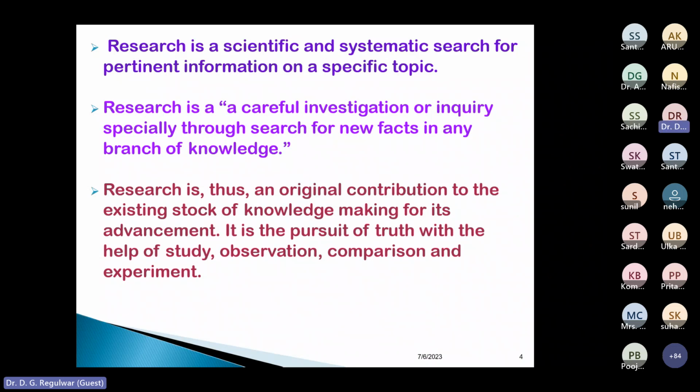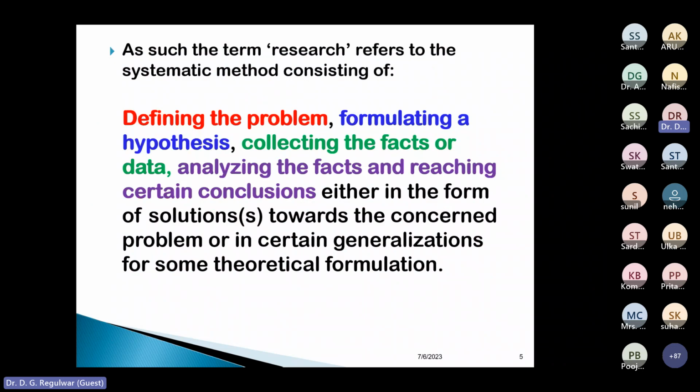Basically in literature, it is a scientific and systematic search for pertinent information on a specific topic. So many definitions you will find. But for engineering, this definition is closer and more related.